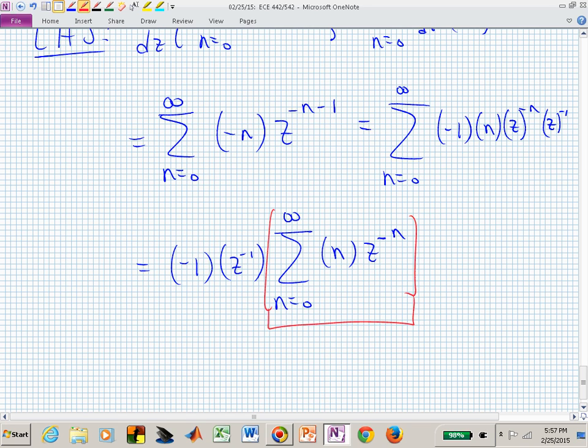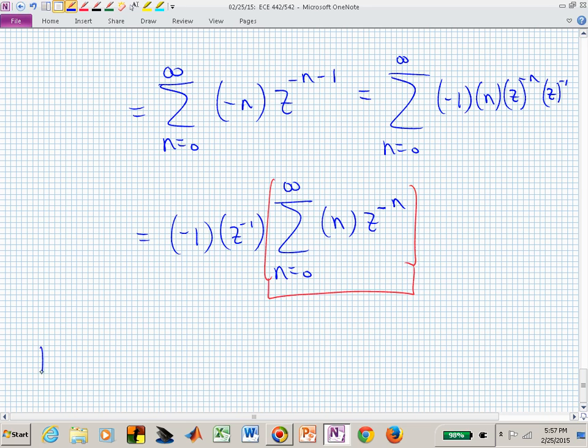Now let's differentiate the right-hand side and set those two sides equal to each other and solve for this red bracketed expression. The right-hand side was the derivative of this product, Z times Z minus 1 inverse.